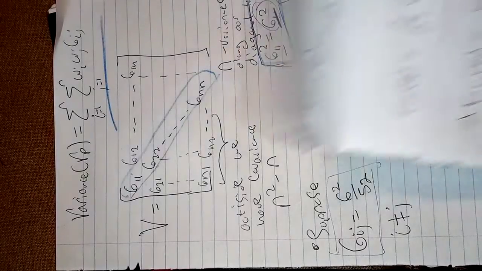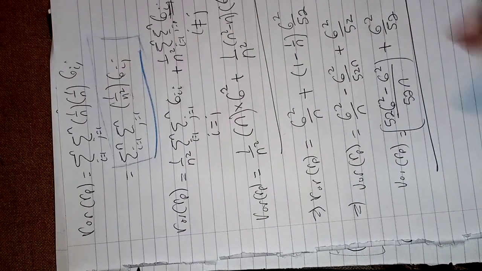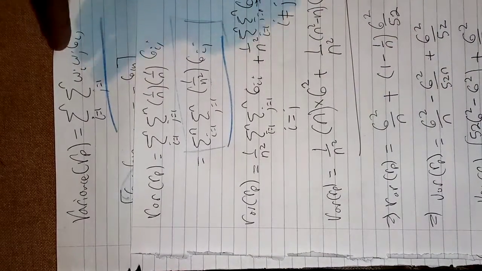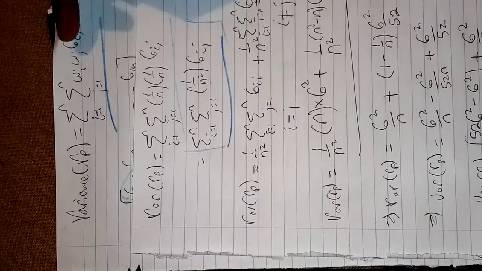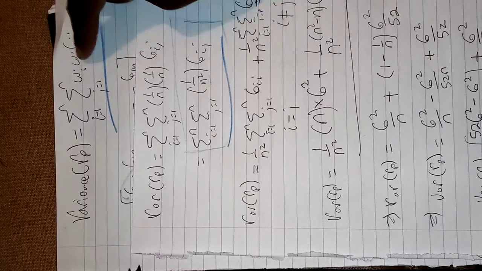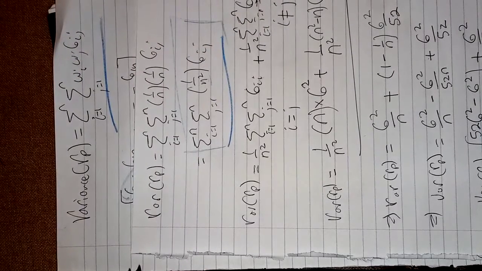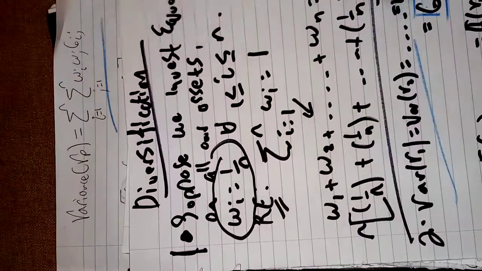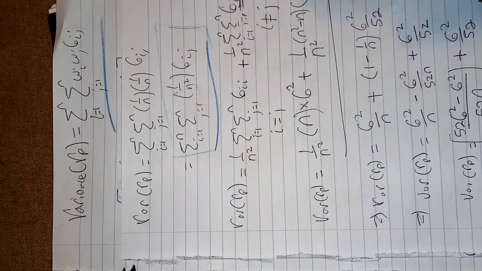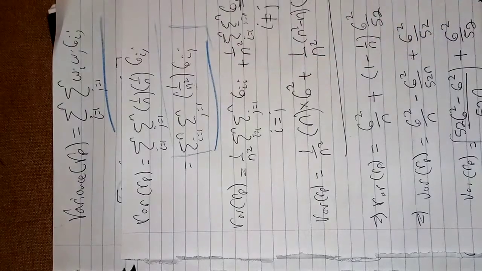Then I took this variance as it is because our first assumption said that we're going to invest equally on all of our assets. I replaced the wealth weight by 1 over n because of the first assumption. Then I continued, and I came to this one. Thus far, you shouldn't be lost. You should be following this path.